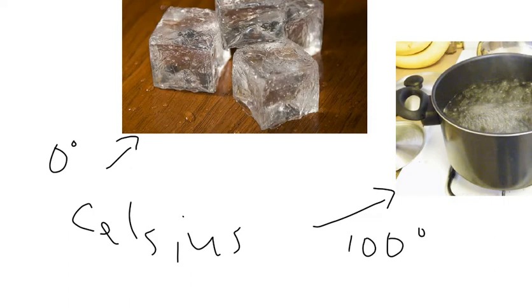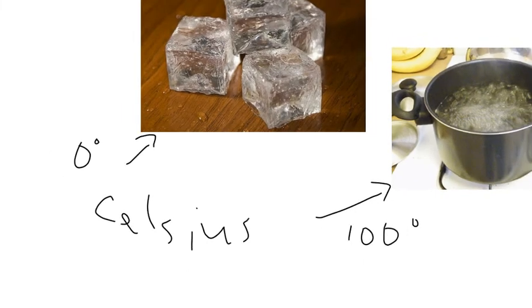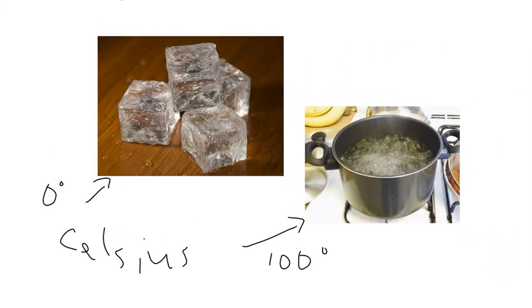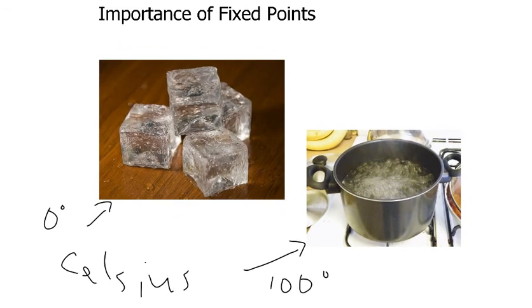Now, it's important that the ice is actually melting and that the water is actually boiling, because then you know exactly what temperature they're at. So for the Celsius scale, we call these fixed points, by the way. Ice always melts at the same temperature, and water always boils at the same temperature. Now, if you have ice that's not melting, it could be at a whole bunch of different temperatures as long as it's less than 0.